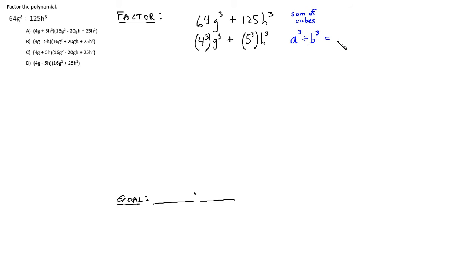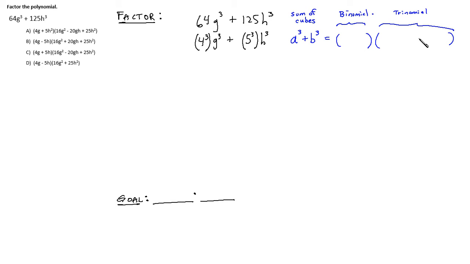And the way a sum of cubes always factors is as a binomial times a trinomial. Let me go ahead and label this as a binomial times a trinomial. I'm trying to help give you some ways to memorize the formula.